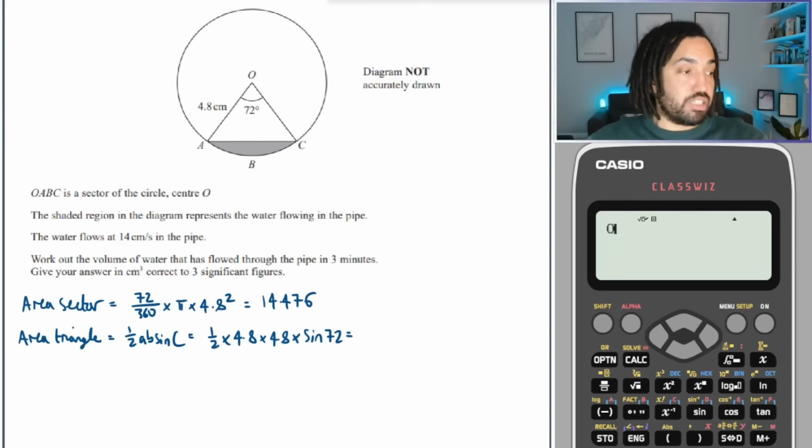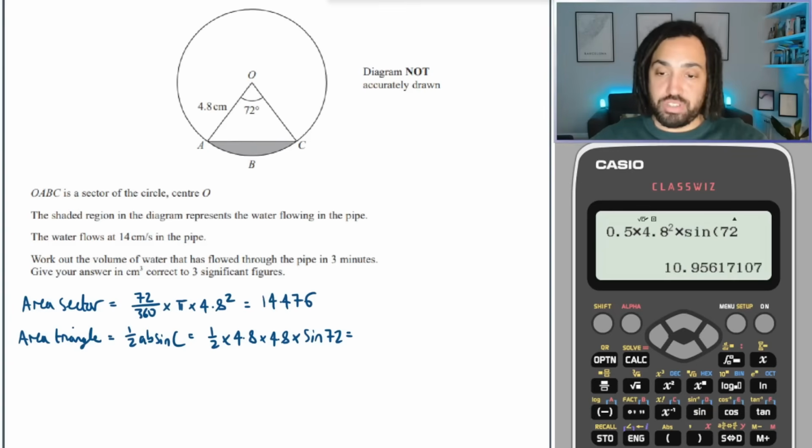So that is 0.5 times 4.8 squared, essentially, times sine of 72. And that gives you 10.956.